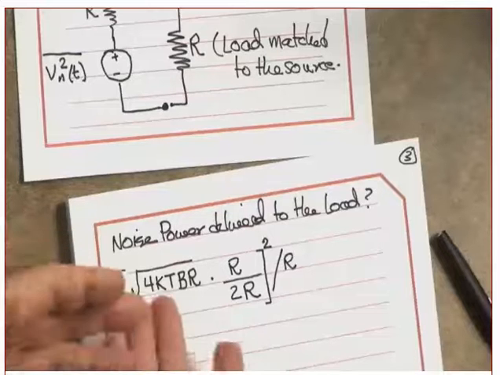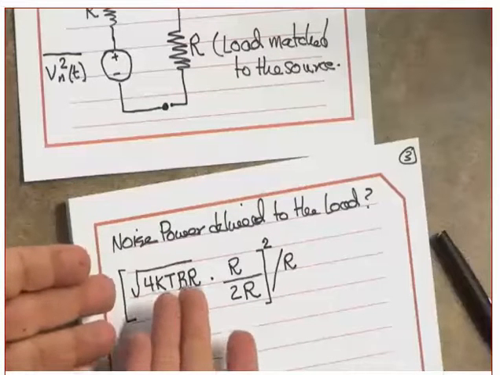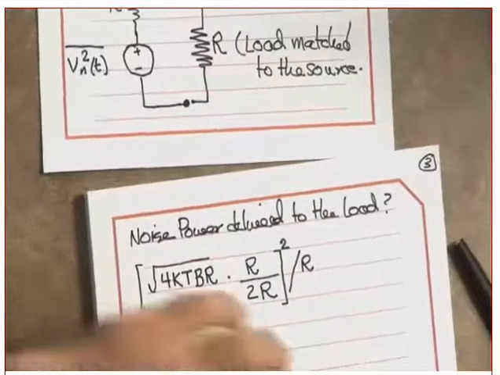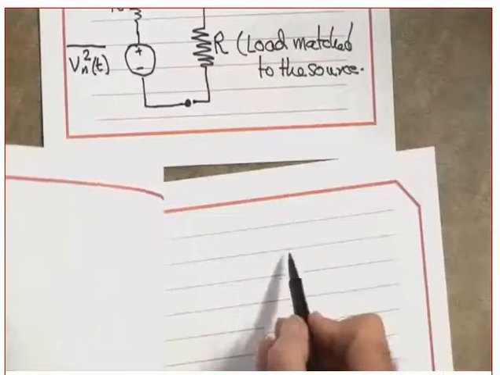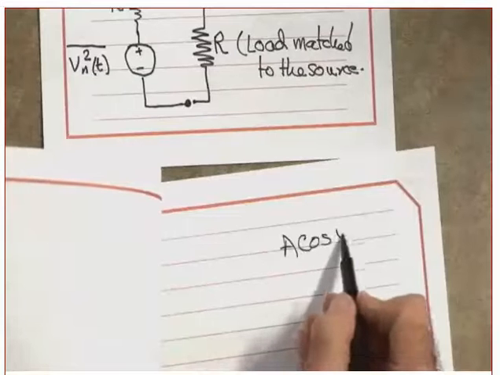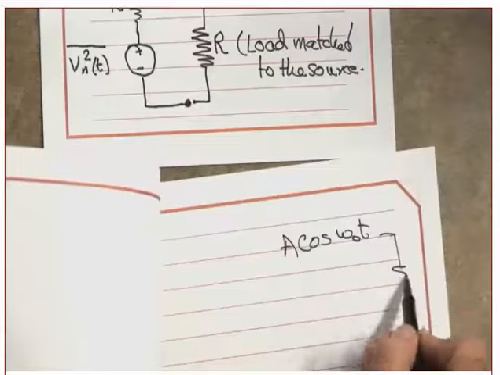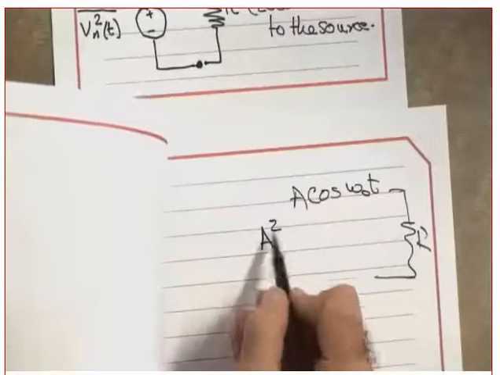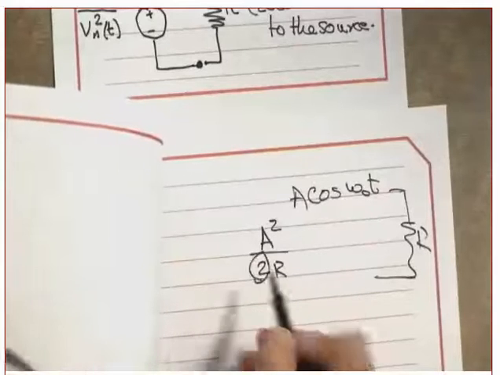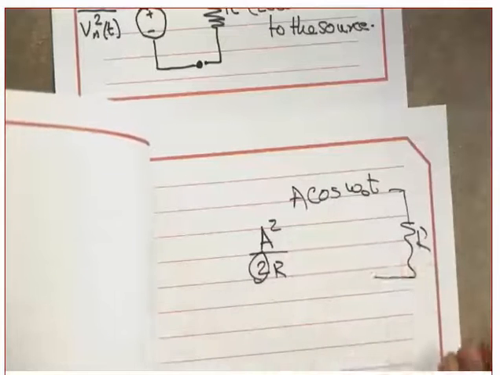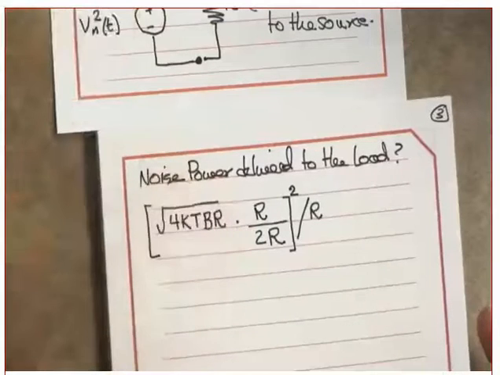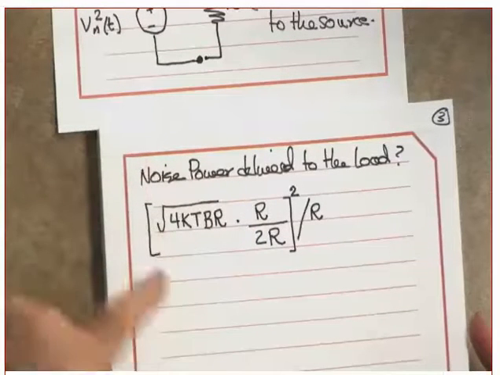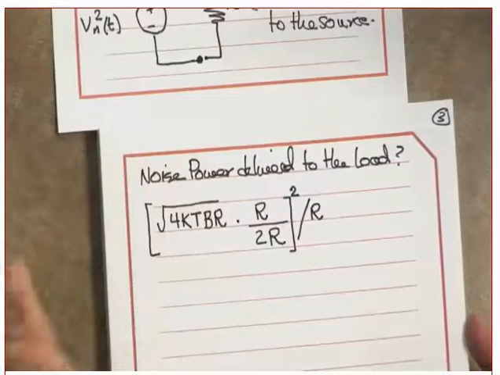Well, let's assume I have A cosine omega naught t across an R. What is the average power? It's A squared over 2R. Where did the two come from? Because it is sinusoidal. This one is not sinusoidal, it's a random signal. So it's the voltage squared divided by R. This one is already averaged.